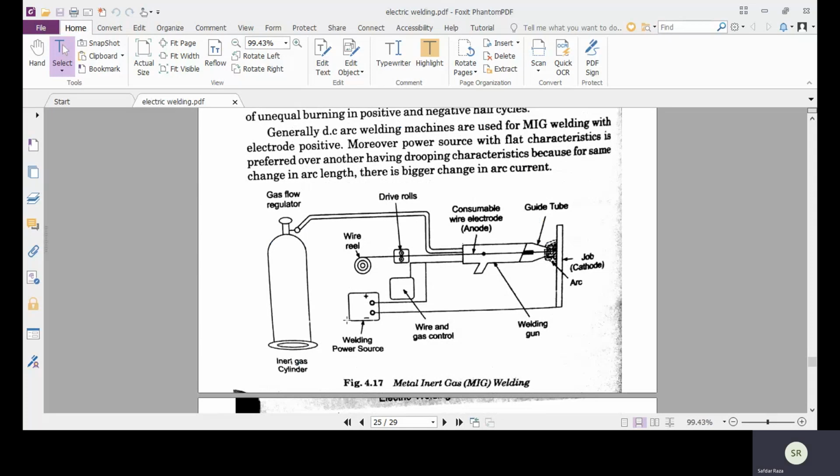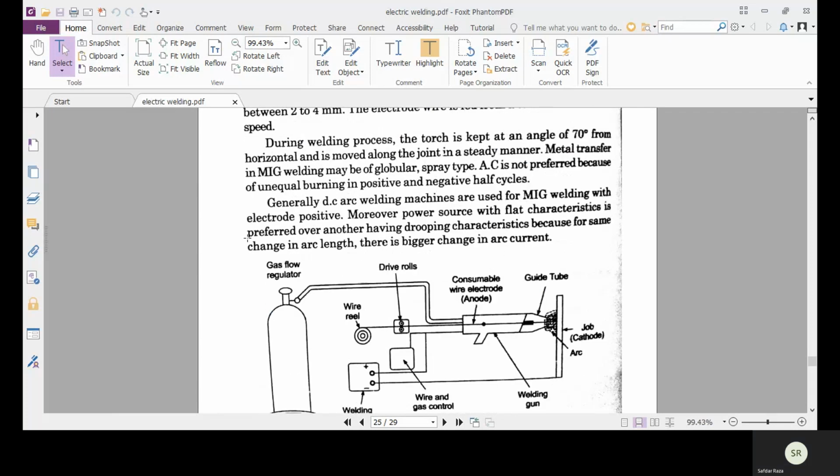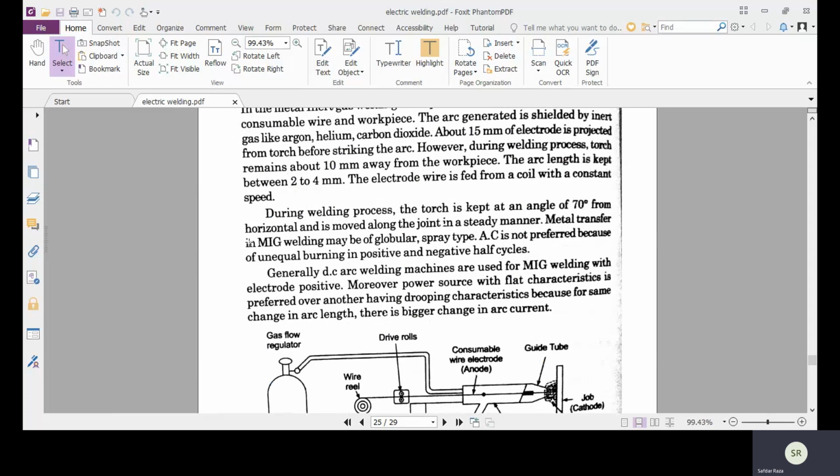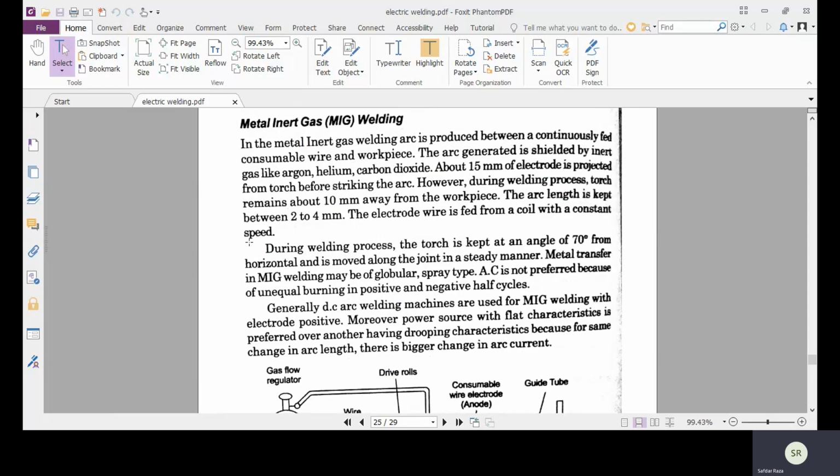This is the welding power source, which in this case is DC, and this is the gas flow regulator. You can easily see this type of phenomena in your daily life whenever you go to a welding shop to get some welding done. Now we will study this.